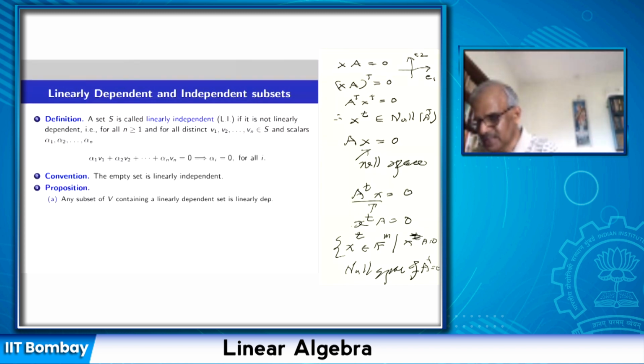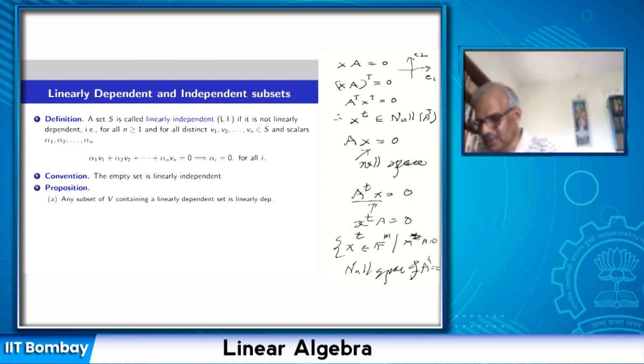So when do I say a set is linearly dependent? If there is a non-trivial linear combination of vectors which produces the zero vector, then that set of vectors is called linearly dependent. So if I have a set which is linearly dependent and I enlarge the set, then the same relation will also hold in the larger set.